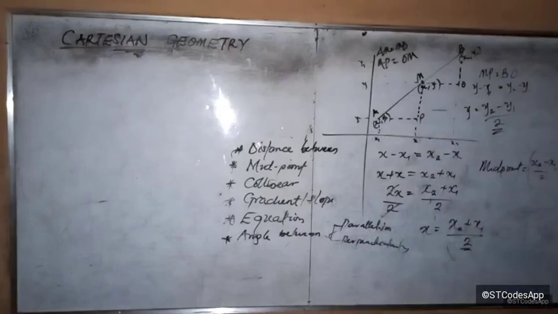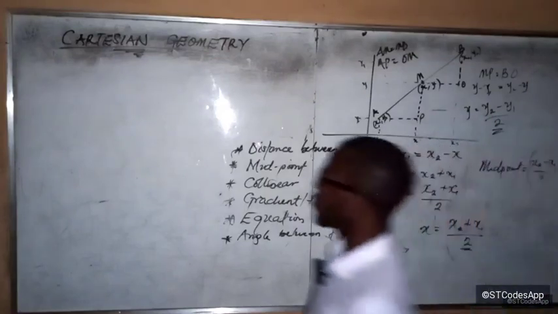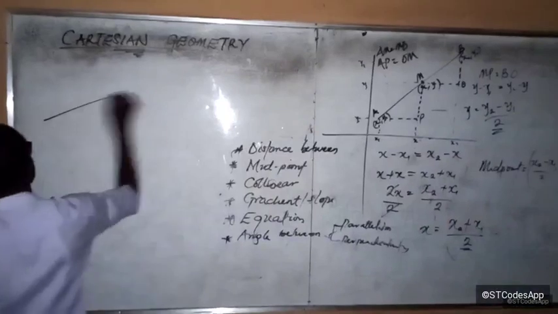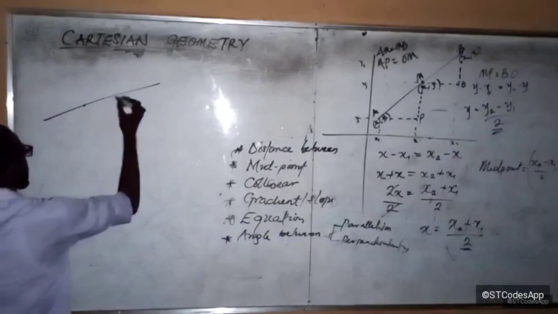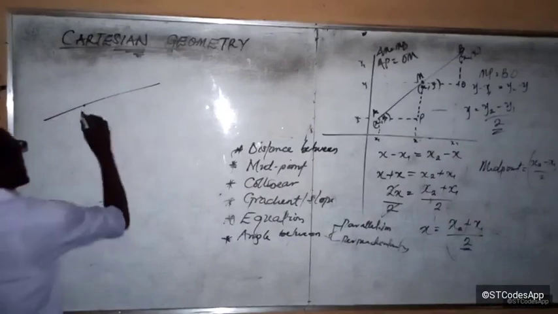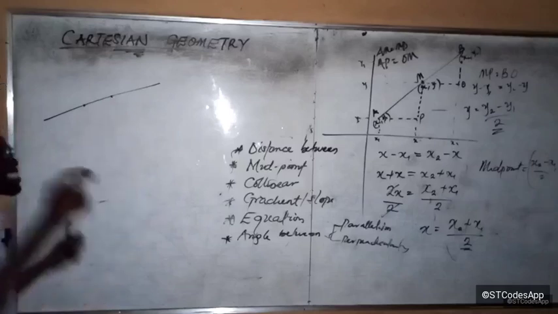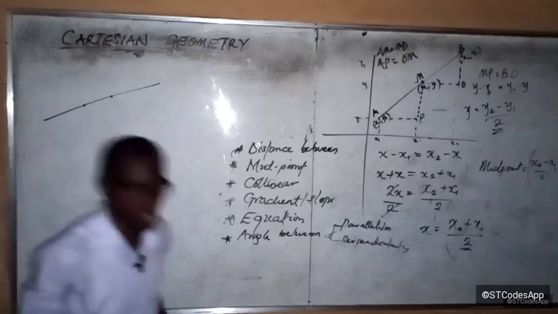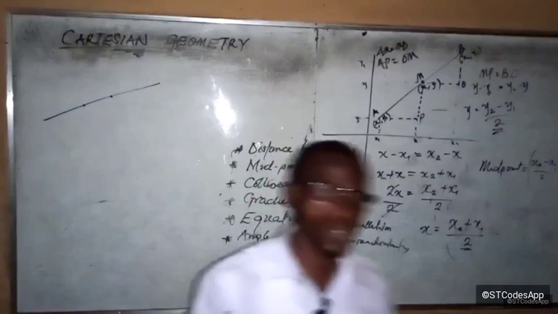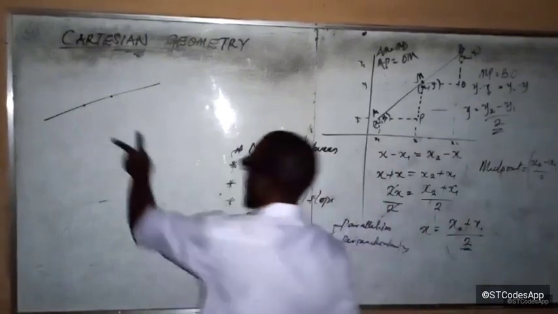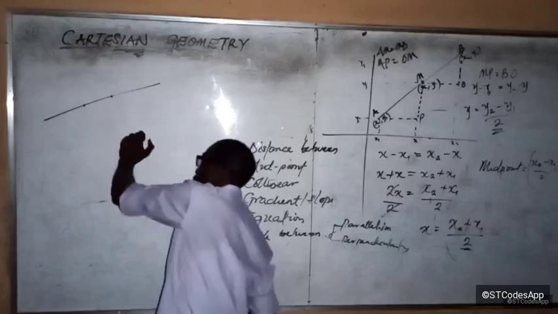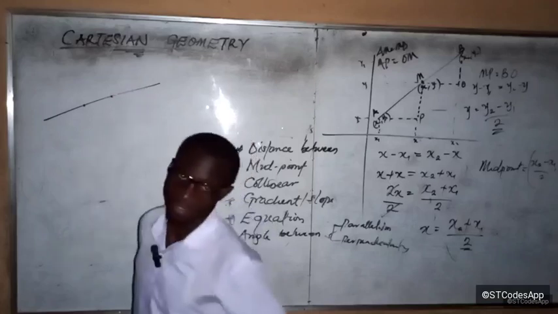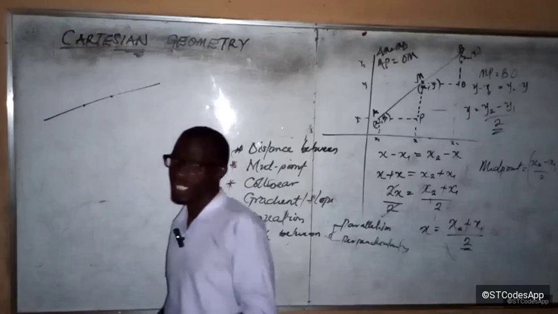So collinear means what? We have a line. If you say two or more points are collinear, it means they are points on the same line with the same slope. So these two points are collinear because they are points on the same line.